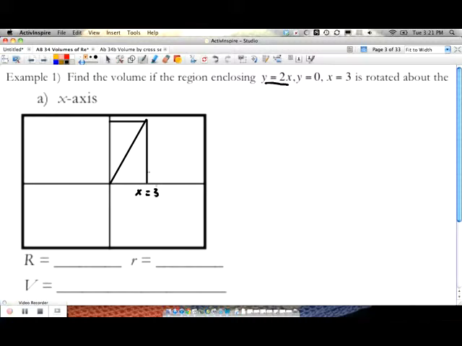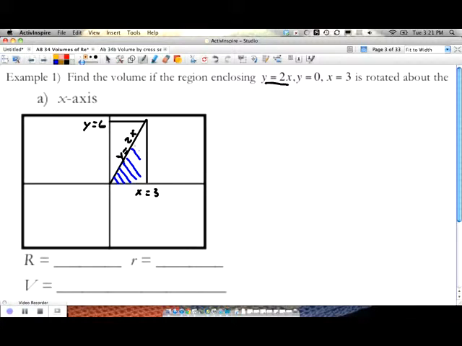So if I'm right here at x equals 3, then on the y-axis I'm at y equals 6. And this line here is y equals 2x. The area that I'm interested in integrating here is going to be this part that I shade in.